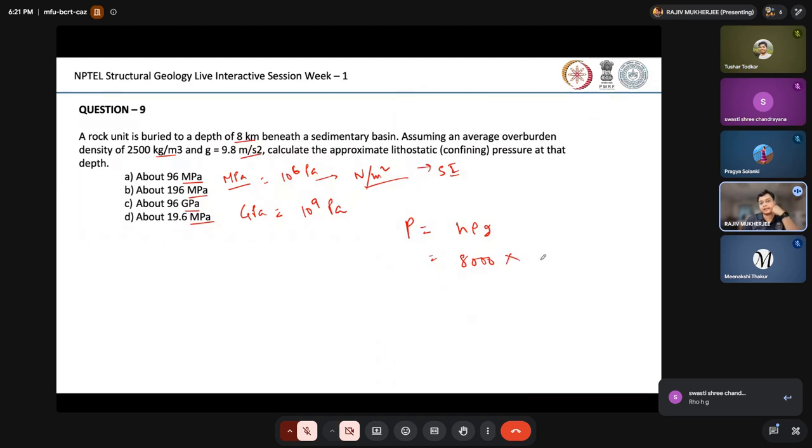Rho is already given, 2500, and G is 9.8. So then you can calculate.